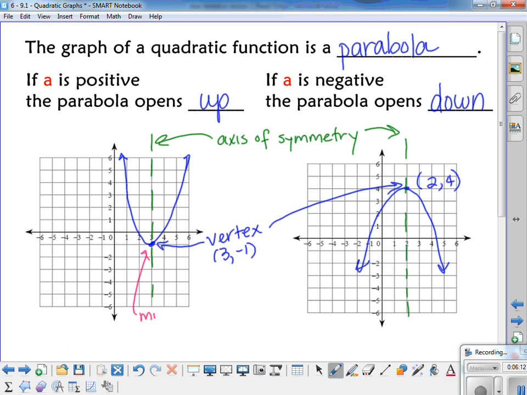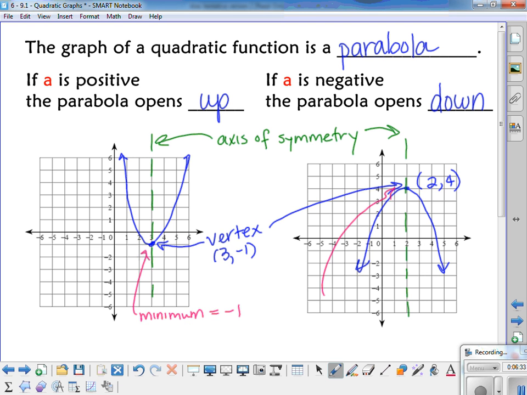It's a low point, so it's a minimum. And so the minimum value in this case is -1, because that's the smallest that y is ever going to be, is a -1.